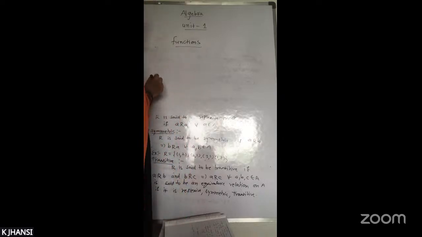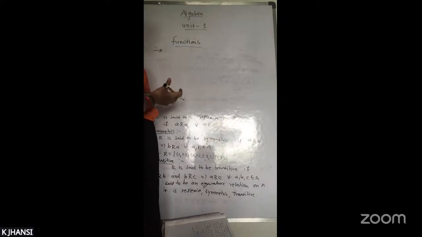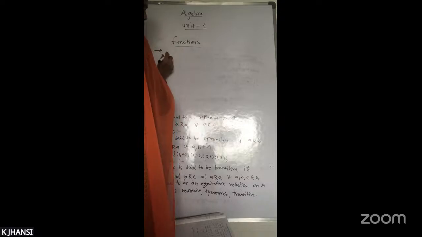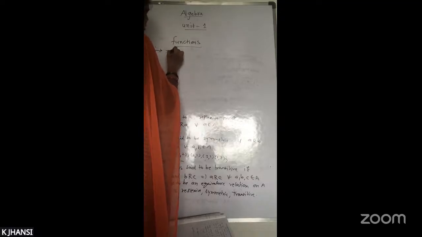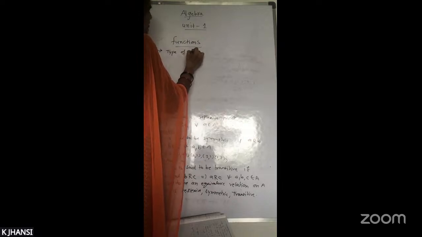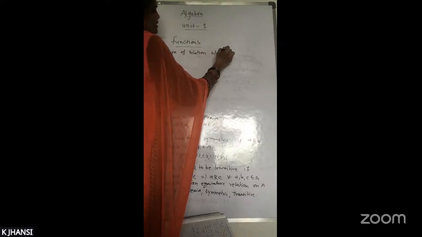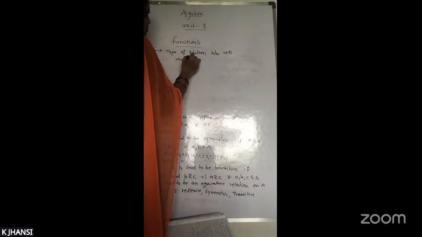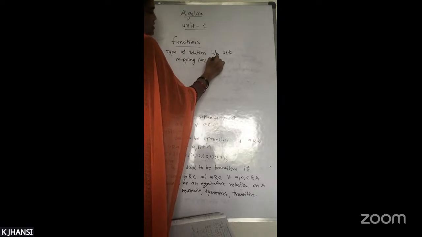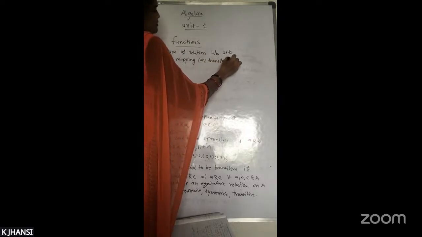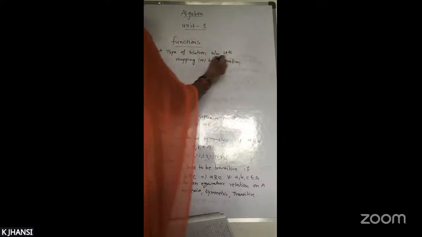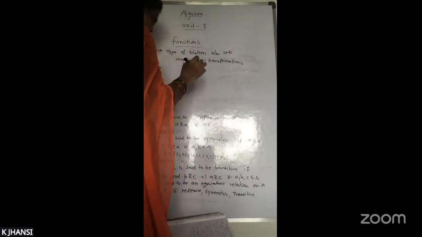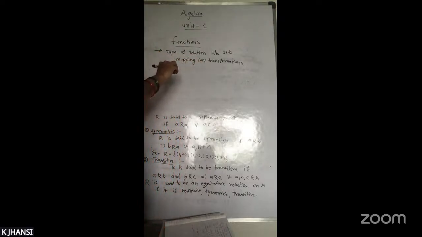For functions, whatever the relation between the sets, it will be with the help of mappings or transformations. A function is also one type of relation between sets. That type of relation may be in the form of mappings or transformations.